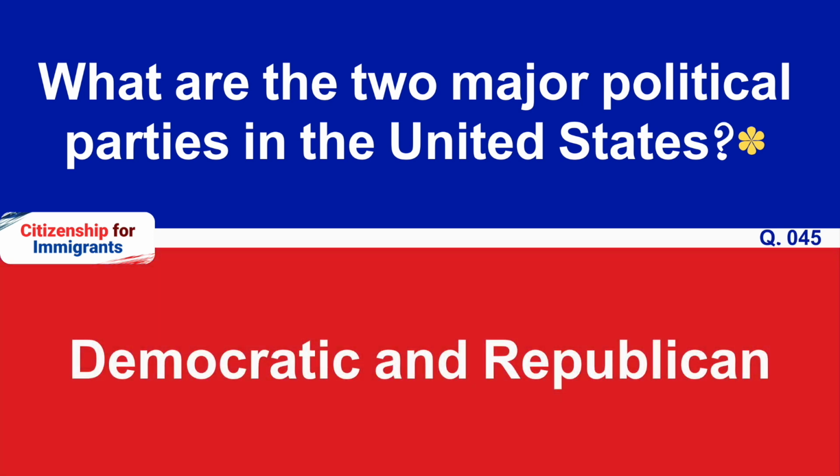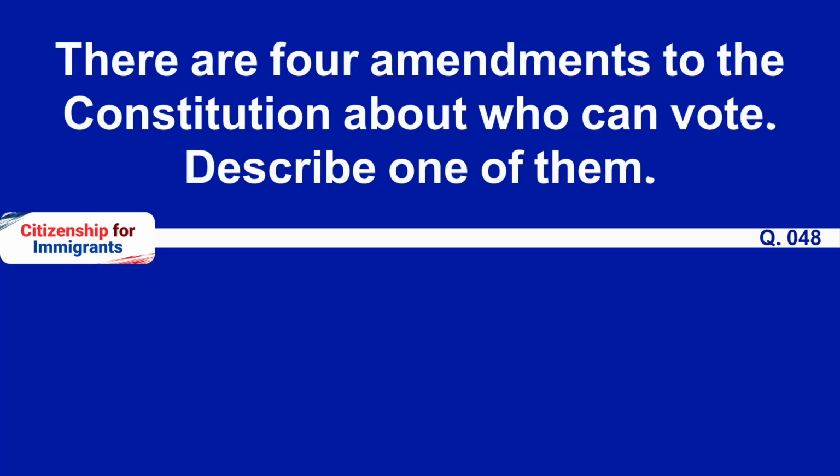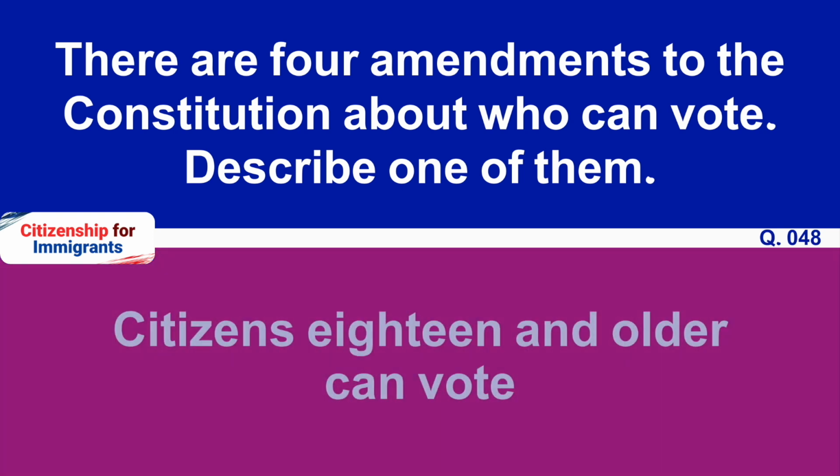Democratic and Republican. There are 4 amendments to the Constitution about who can vote. Describe one of them. Citizens 18 and older can vote.